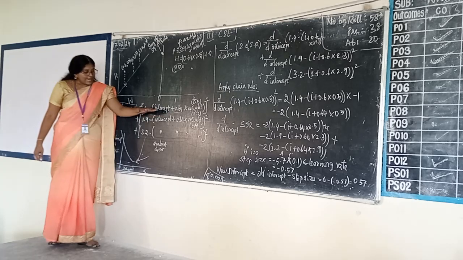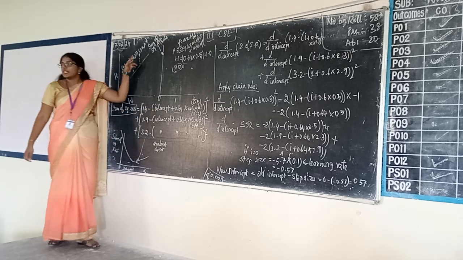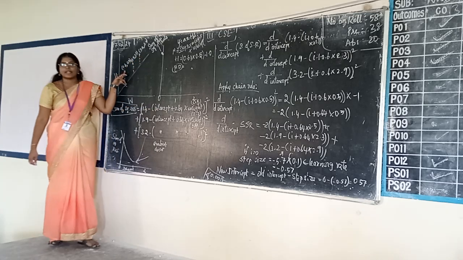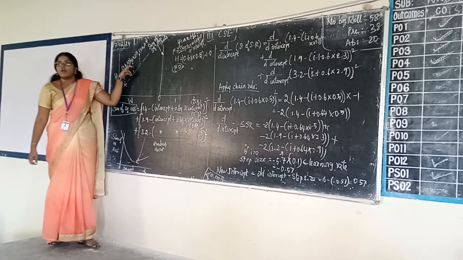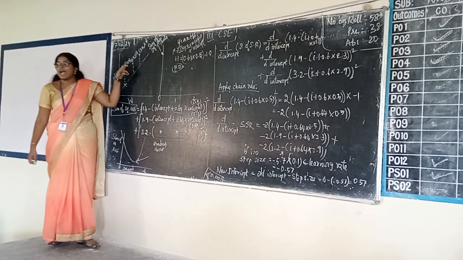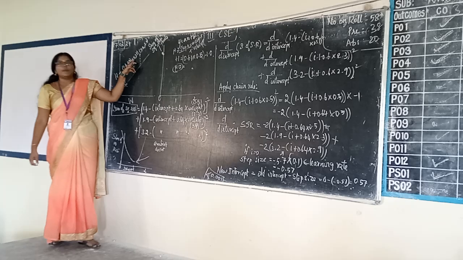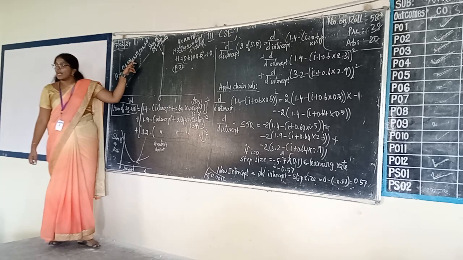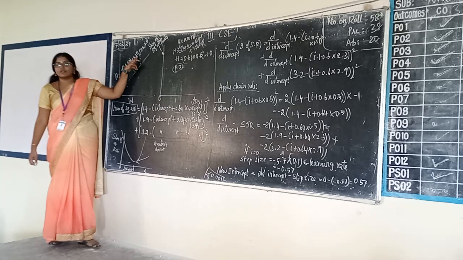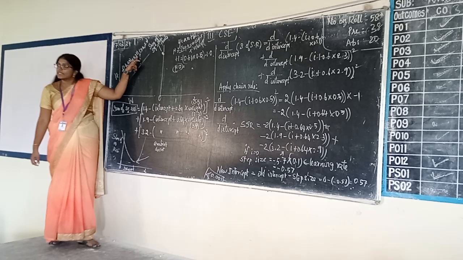Likewise, 3 data points are there. This is our first data point, and now the second data point. For the second data point, what is the actual height value? 1.9. The weight value is 2.3.